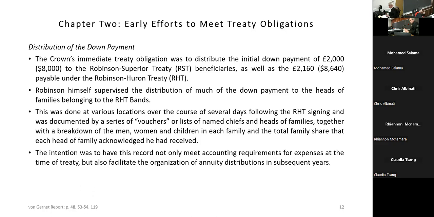And that, in fact, was the intention, to start this process, because he knew that, in addition to the down payment, every year somebody's going to have to come with a list of people and make sure that everybody gets their annuity payment. Although it worked differently, as you'll see, in the RHT as opposed to the RST.